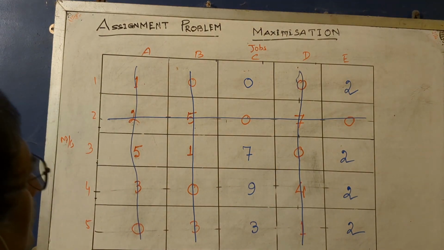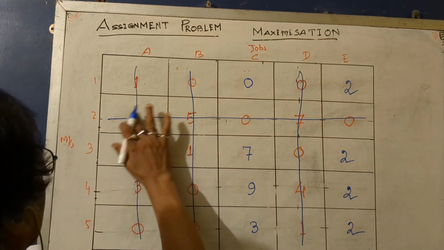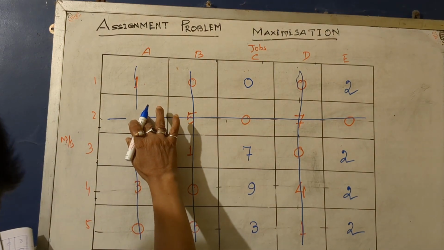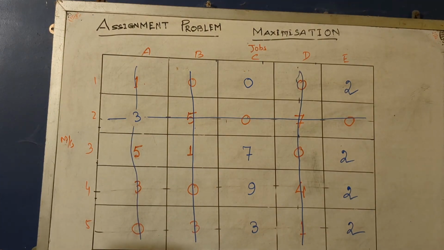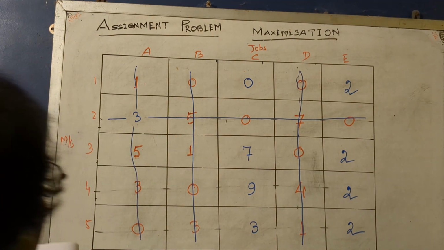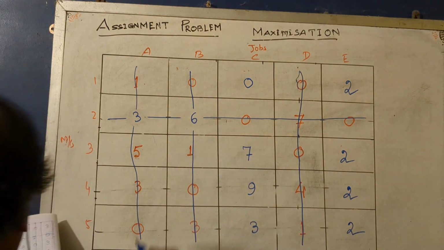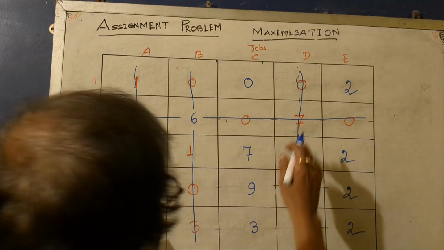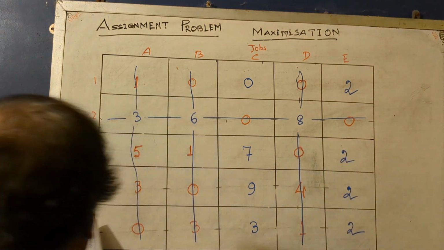These are the remaining elements, and you have to add to the junction point. That's why this will be how much? The junction point 3 plus 2. That's why you have to add, and what will be the amount? 6. 5 plus 1, 6, and this will be 7 plus 1, that is 8.